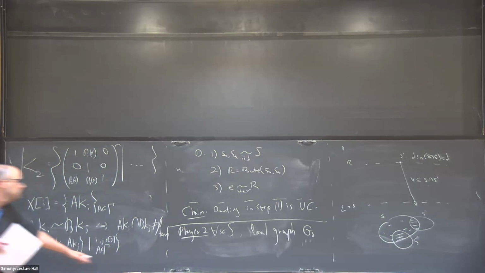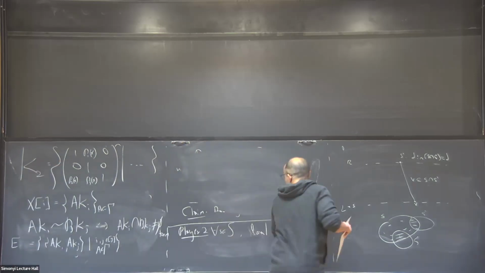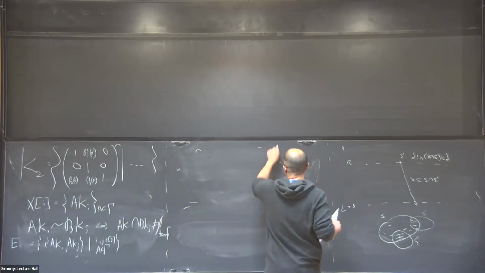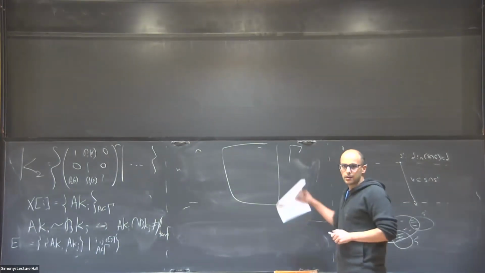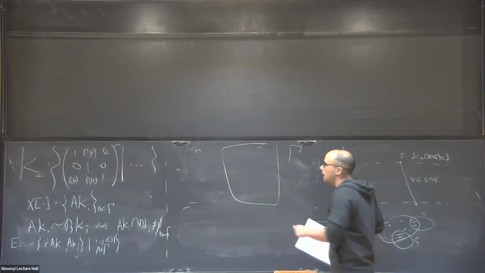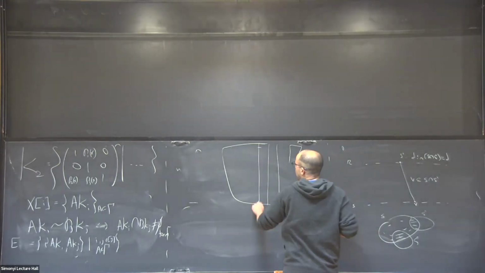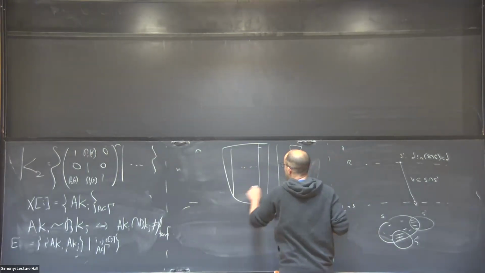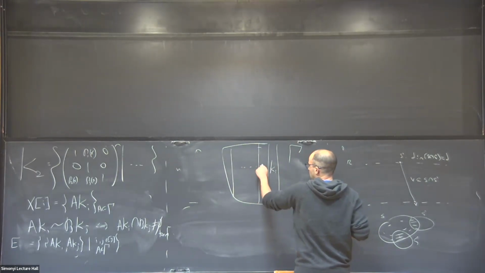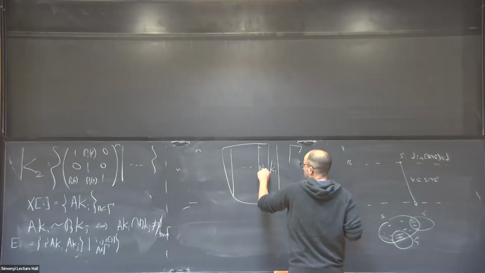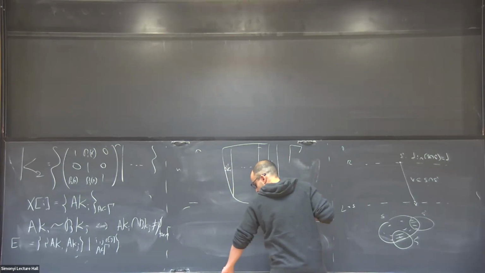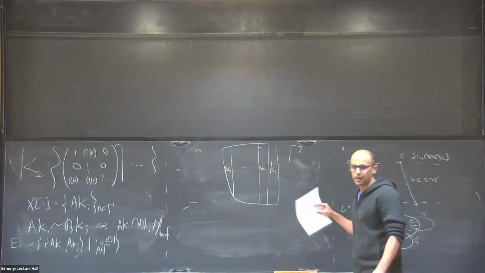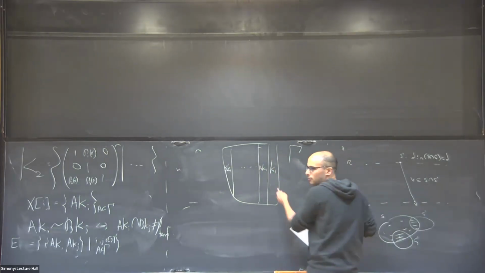Here's a nice picture that I like. Here is gamma, my whole group. And cosets of the group define a partition. So maybe this is a partition of K1, here's AK1, and so on. And K2, sorry for the different colors, K2 also defines a partition.